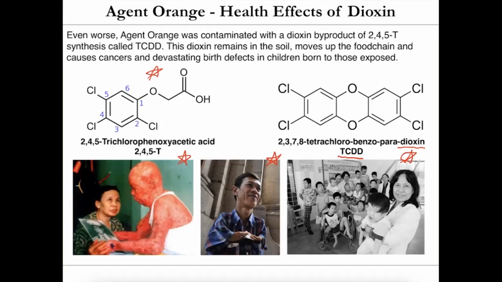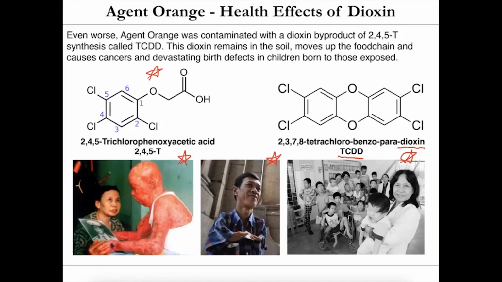So it's a terrible example of something that could have been used only for good purposes, only to increase crop yields. However, just carelessness and thoughtlessness and bad science and bad chemical manufacturing had these horrible effects that has far-reaching impacts on society.